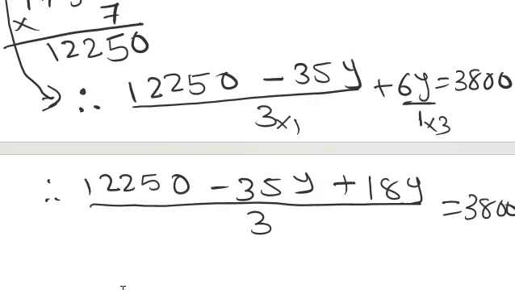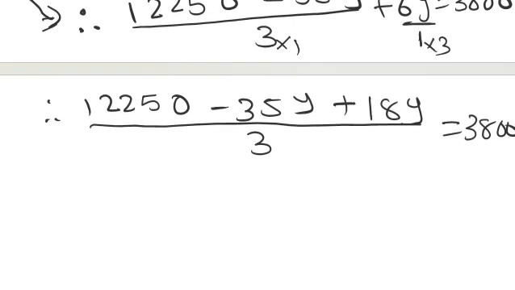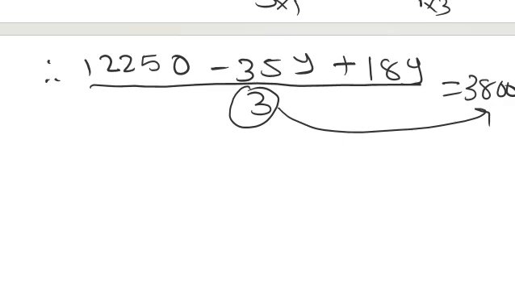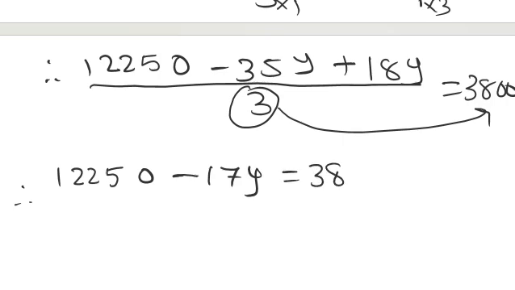Okay. Now this 3 in the division, when we change its side, it becomes multiplication. So we have 12250 minus (35 plus 18), which becomes 17y, is equal to 3800 into 3.